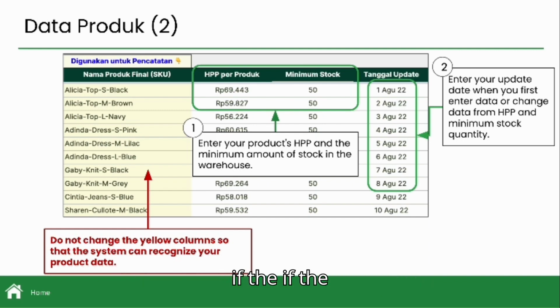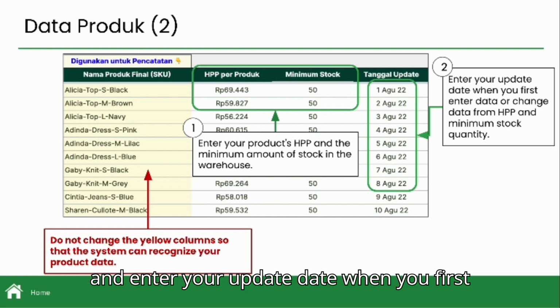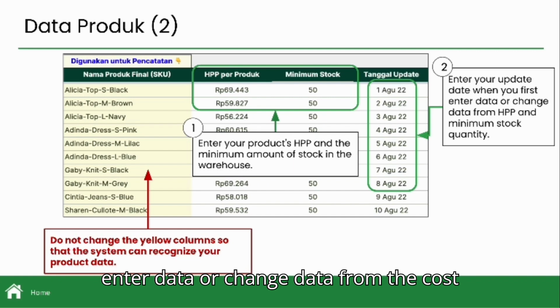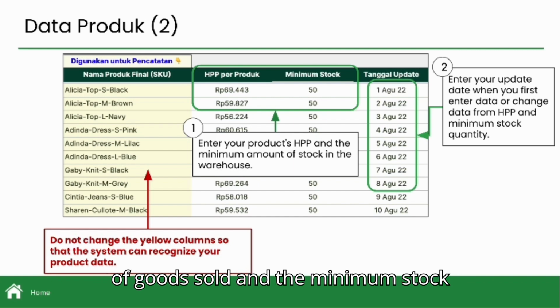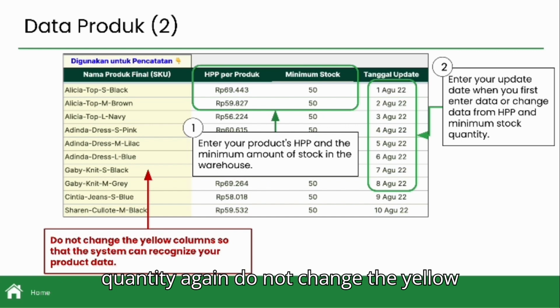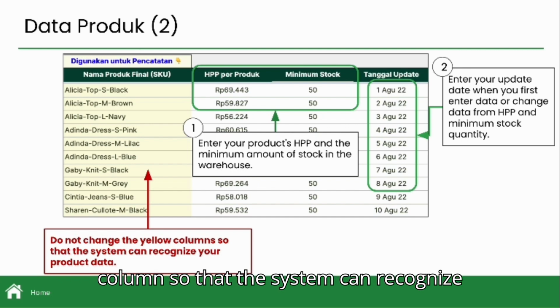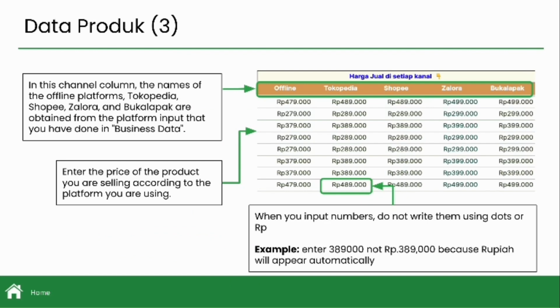For example, if the black top is already below 50, it means that you need to restock your inventory, so the inventory turnover will be good. And enter your update date when you first enter data or change the cost of goods sold and the minimum stock quantity. Again, do not change the yellow column so that the system can recognize your product data.